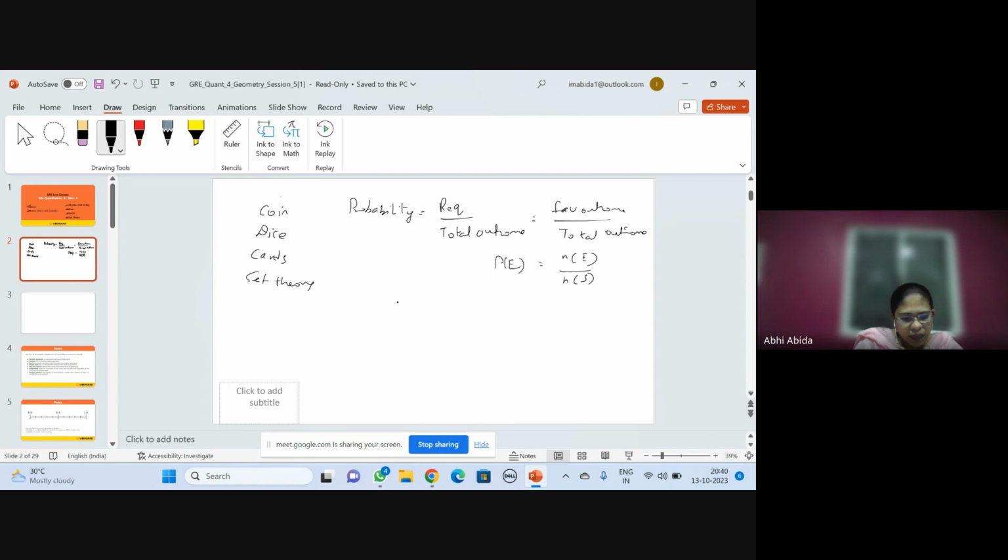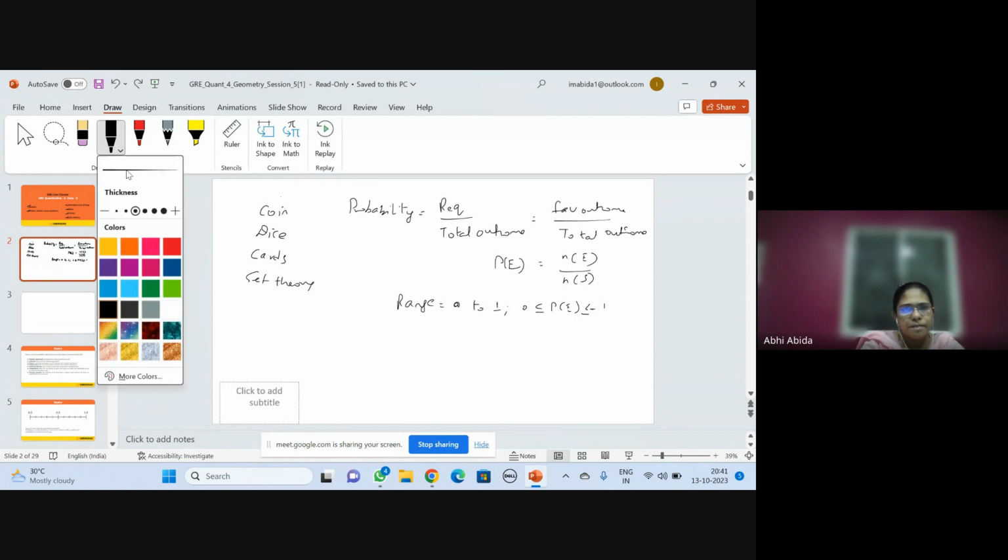So what will be the range of probability of an event happening? The probability will always lie in the range of 0 to 1.